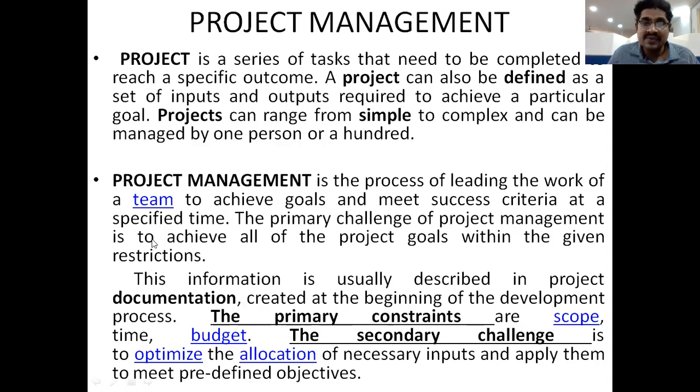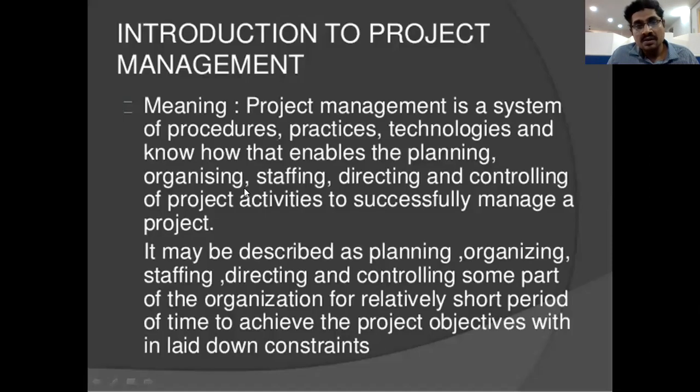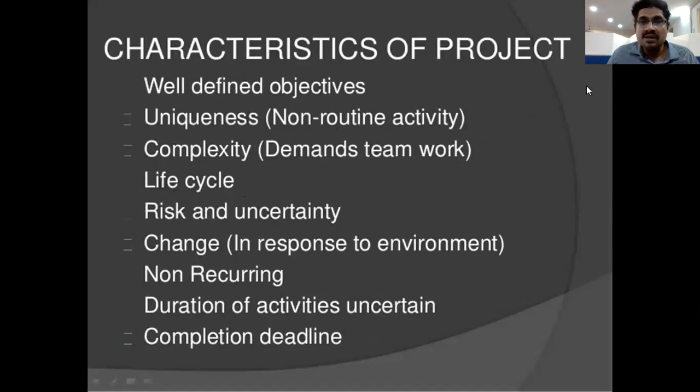These are a few activities for reaching our targets within a time. That total maintenance is called project management simply, right? So now coming to the characteristics or features of a project or a contract. Please remember this: project means a contract or a tender.